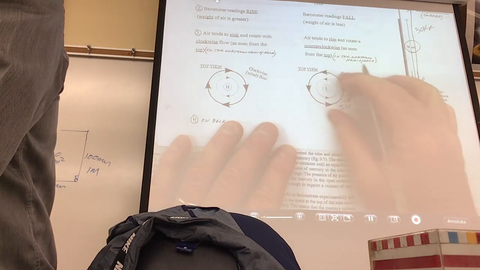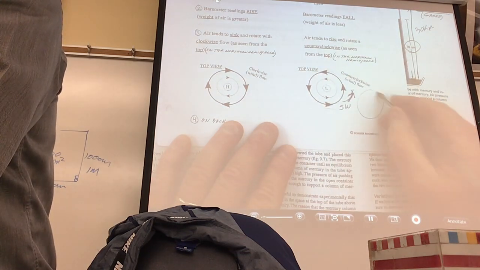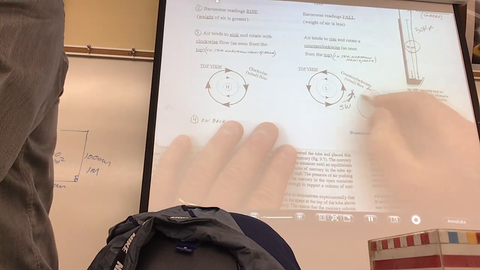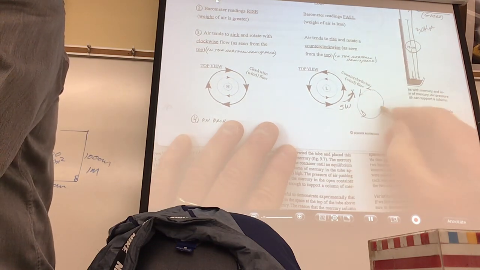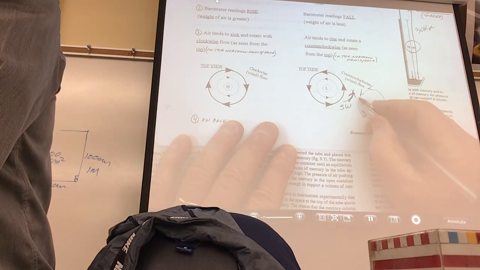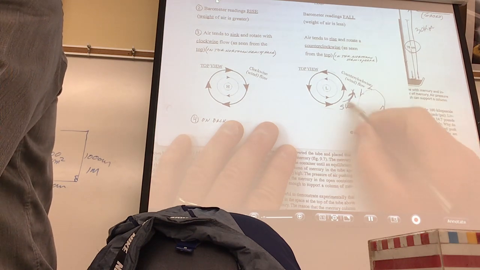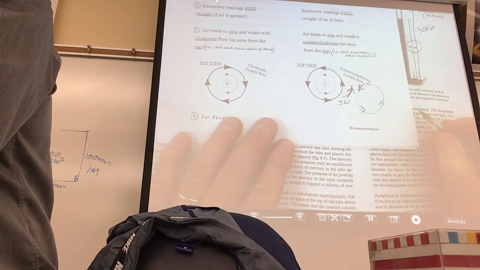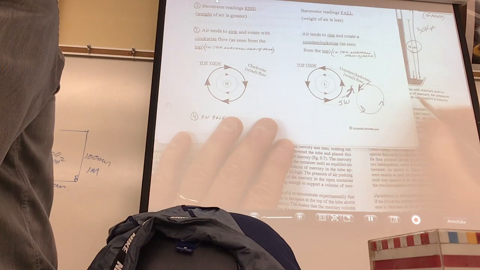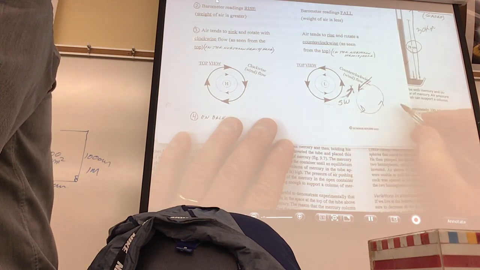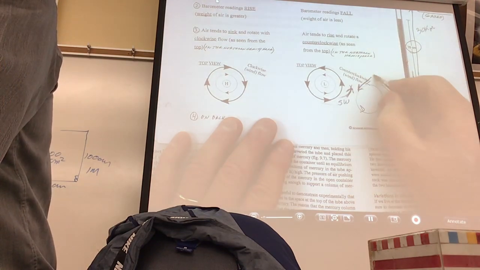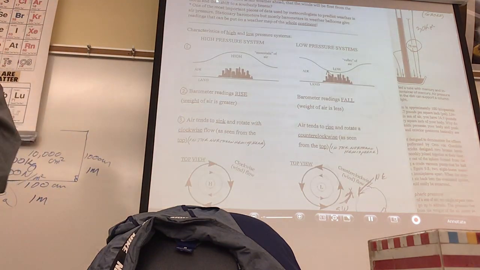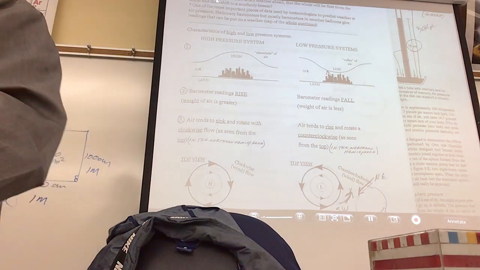Then what happens when the low goes past Greensboro? I'm still going counterclockwise, right? They'll say the wind's going to shift from southwest winds to what? Winds are always named for the direction they come from. Everybody got that? Now, I don't give the whole weather lesson today, but that's what the barometer helps me do.